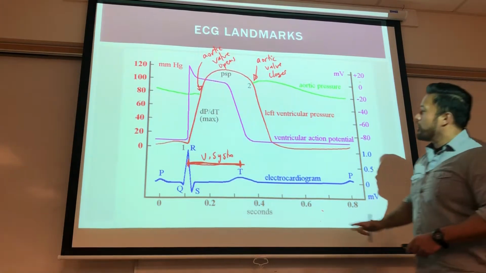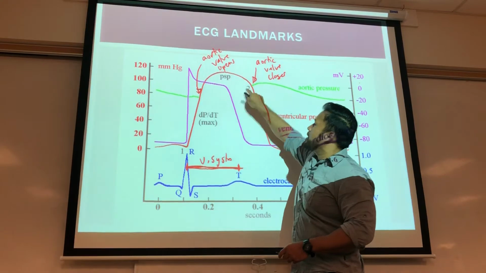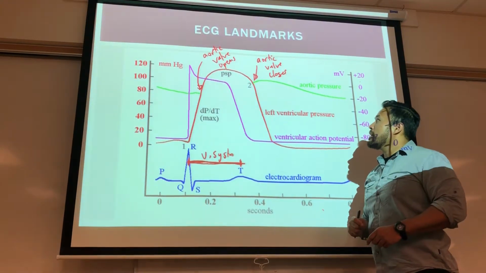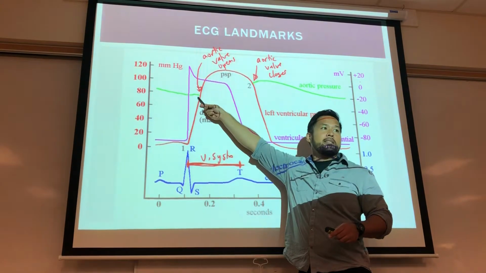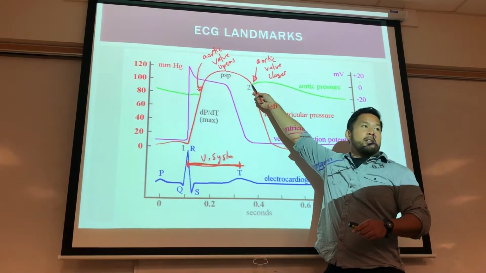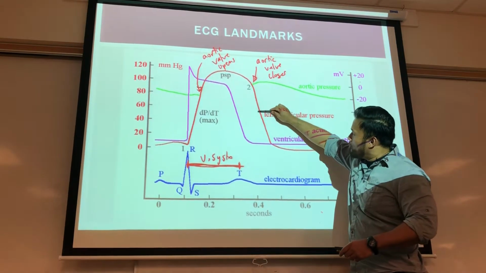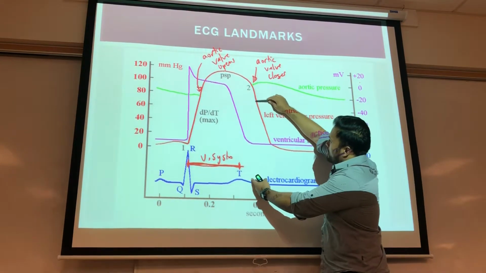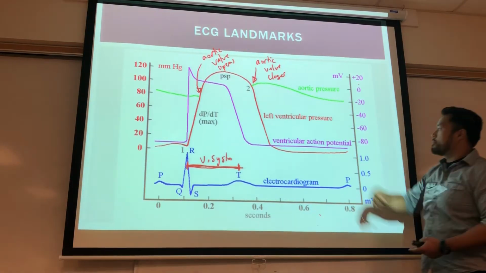So from here to here measures the amount of blood that's ejected by the ventricles from when the aortic valve opens to the point it closes. You'll see pressures drop. Why? Because we're in ventricular diastole. And then pressure comes back to normal.